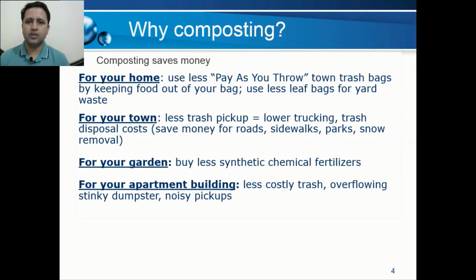So when you use biocompost, you need less synthetic chemical fertilizer. And it is also important for your apartment building, with less costly trash, overflowing stinky dumpsters, and noisy pickups.